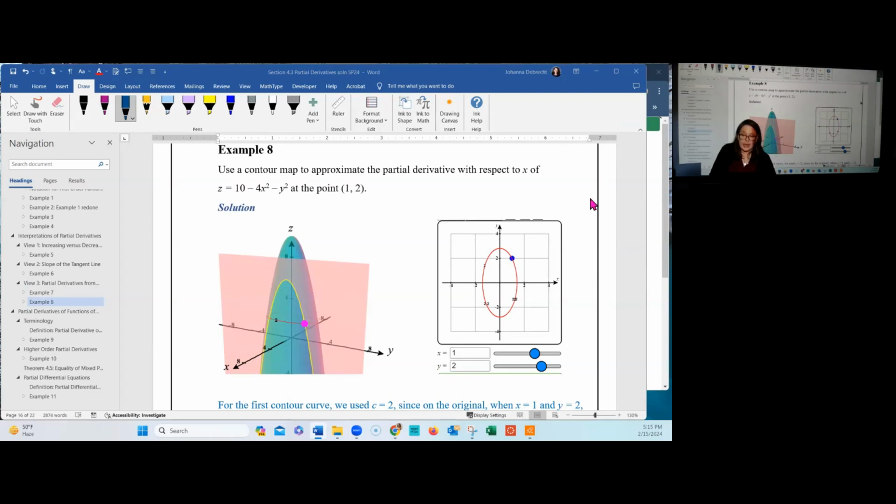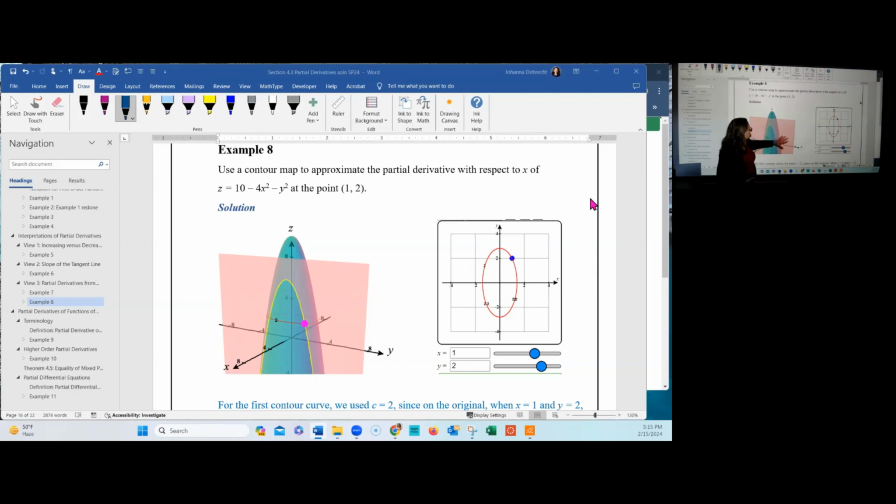So in example 8, we're taking a look again at the same curve that we did in example 6. This is z = 10 minus 4x squared minus y squared at the same point 1, 2, 2 on the surface. So we want to approximate what the slope of the tangent line is at that point.